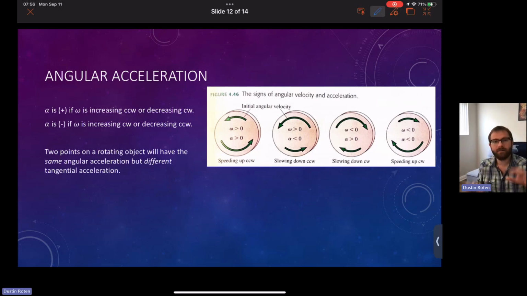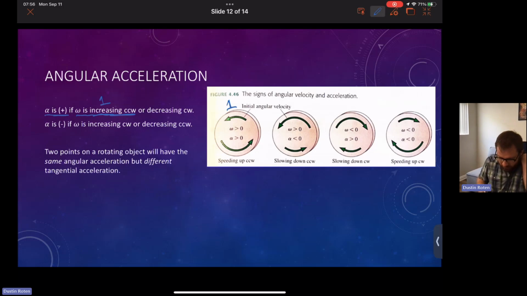Now, in the case of angular acceleration, we've got four different possibilities. If alpha, our angular acceleration, is positive, what's going to cause that to happen? Essentially, we can be speeding up counterclockwise. So that's situation one.